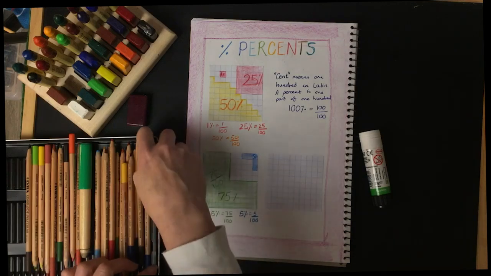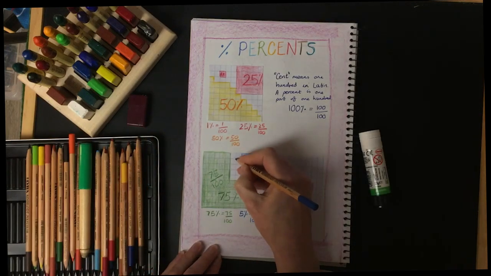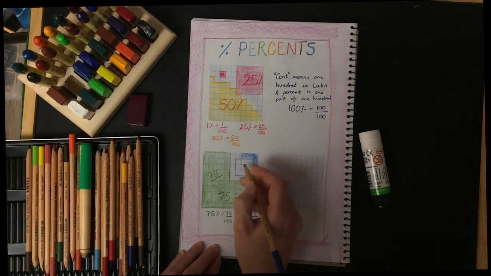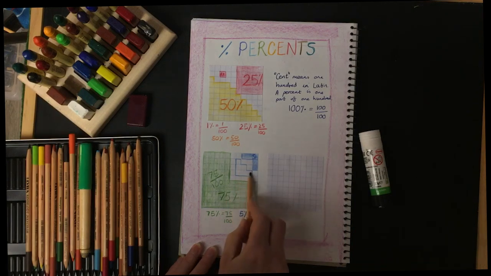And let's do another one. I'll do another color blue, and I'll do 6. I'm going to go 1, 2, 3 blocks there, and then 1, 2, 3 blocks there. So that'll be 1, 2, 3, 4, 5, 6. Let's color that in.